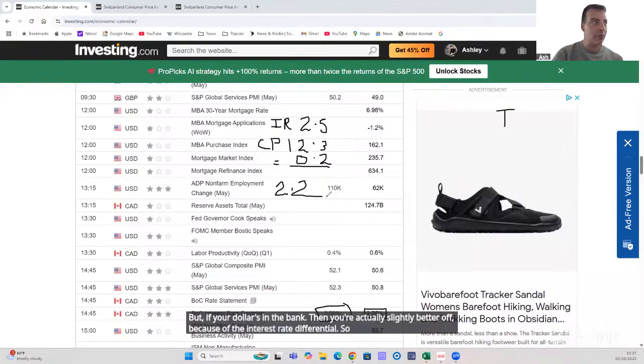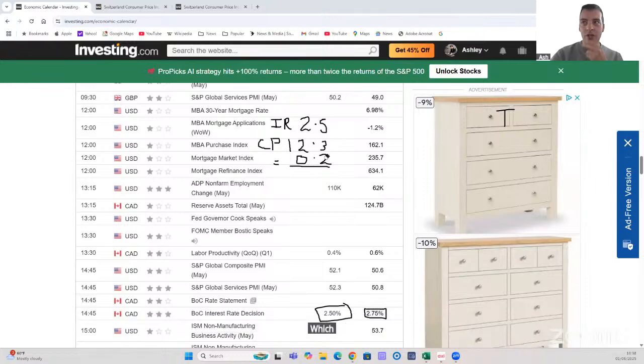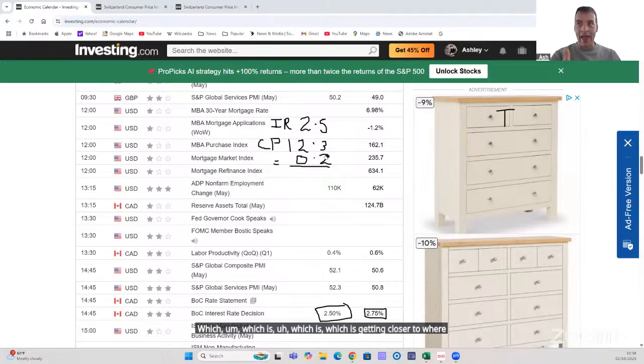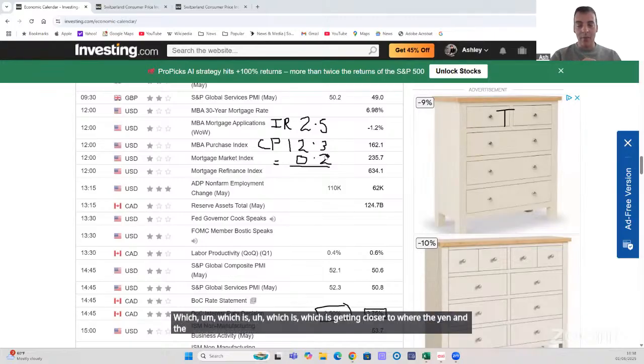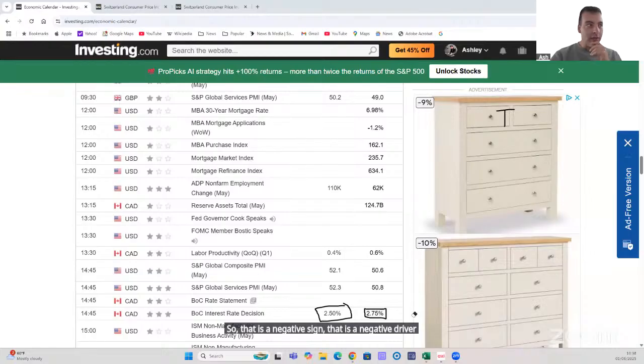So the differential is really important, and if we're looking at the Canadian differential, this is going to put it very close to zero, which is getting closer to where the yen and the Swissy kind of exist. So that is a negative sign. That is a negative driver for the Canadian dollar.